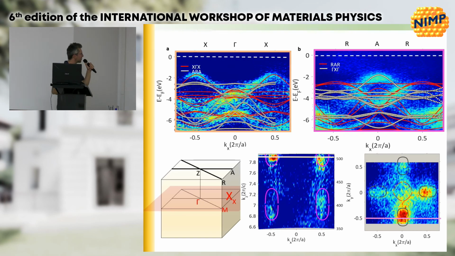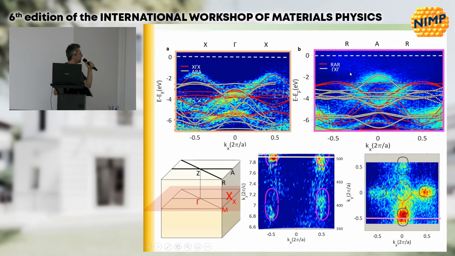And this is how the band structure of PZT looks like along the gamma X direction and R A R direction.